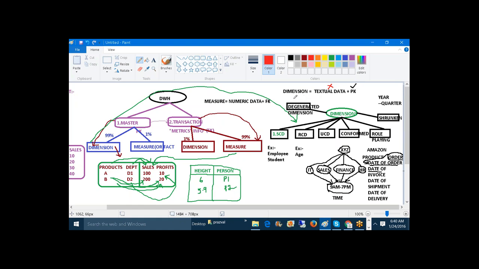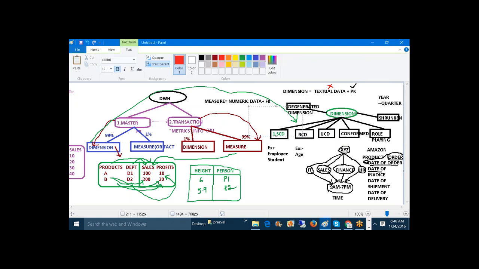Let's say, for example, we take the product dimension. What does the product contain? The product ID and the product name. The product ID should always be the primary key.